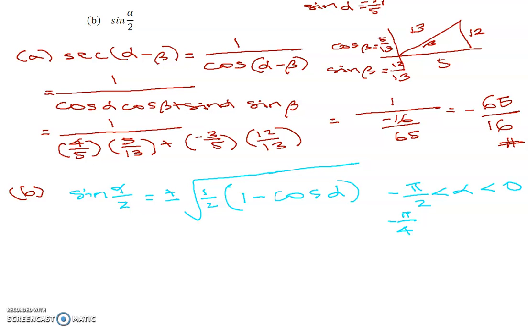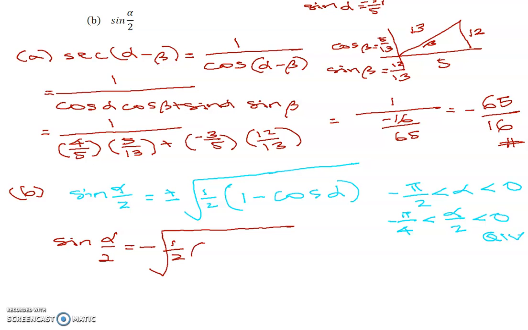We divide everything by 2, so 0 over 2 is 0. We can see that alpha over 2 is also in the fourth quadrant, quadrant 4. So that means we take the minus sign. Then simply fill in the value for cos alpha. What was cos alpha?